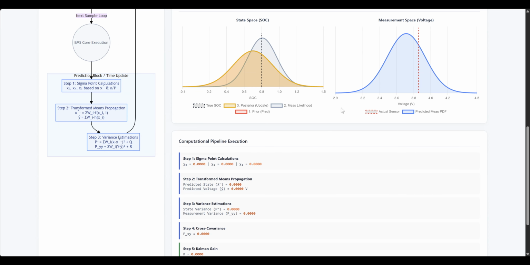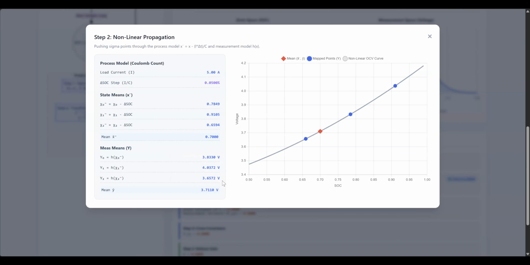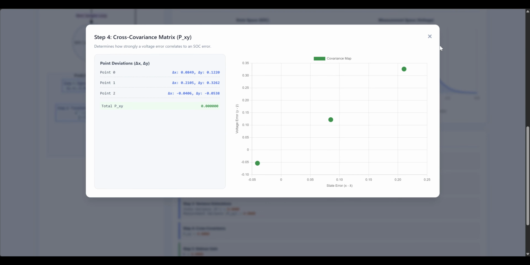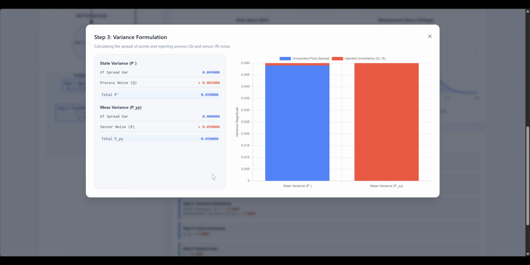So in the previous video we saw the mean for the measurement and the mean for the state. So we do have the mean, but to create the distribution we also need the variance. So in step 3 we will be dealing with the variance related to state as well as the variance related to the measurement.